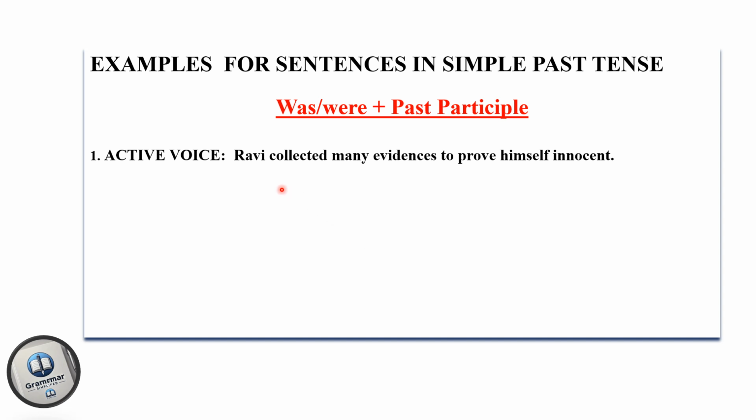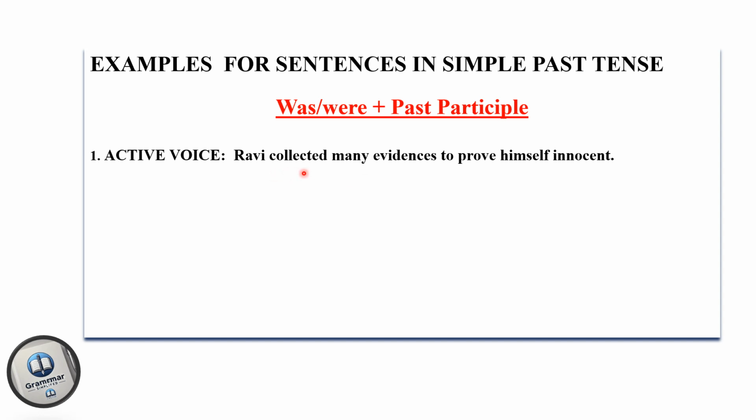These are examples for sentences in simple past tense. For simple past tense, the helping verbs are was, were, plus you use the past participle form. The first example: Ravi collected many evidences to prove himself innocent. Identify the subject and verb here. Subject is Ravi, the main object is many evidences, and the verb is collected.